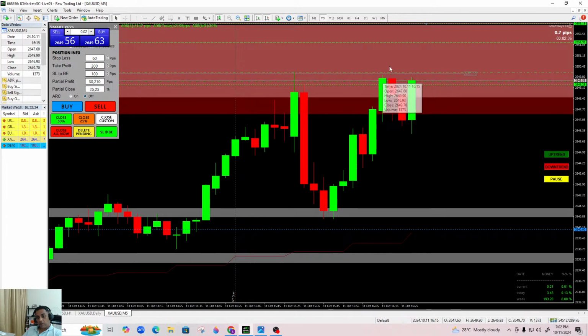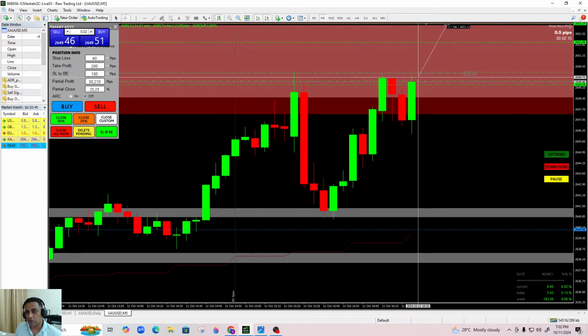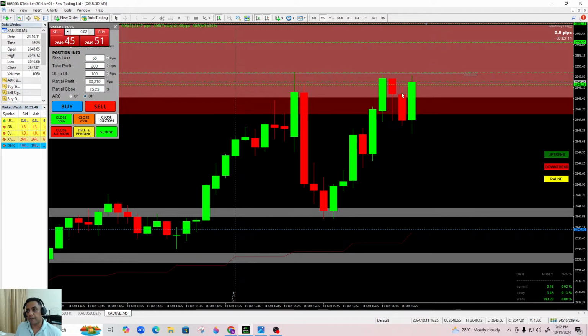If a 5-minute candle closes above this minor resistance, or closes above 2650, then I'll close probably both positions. Because if 5-minute candles close above this, it means we are continuing deeper into this range. That's a 30 pip, 33 pip range. We're going deeper into it. Okay, 2 minutes for the candle to close.